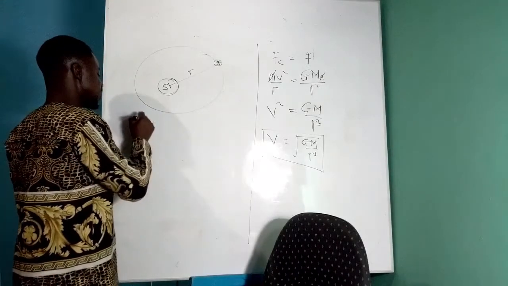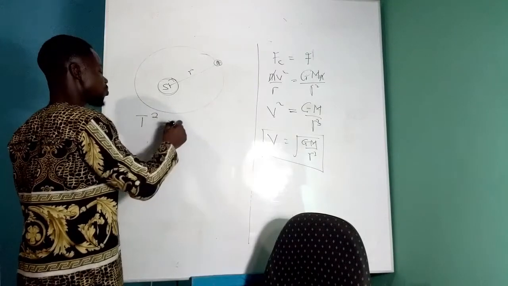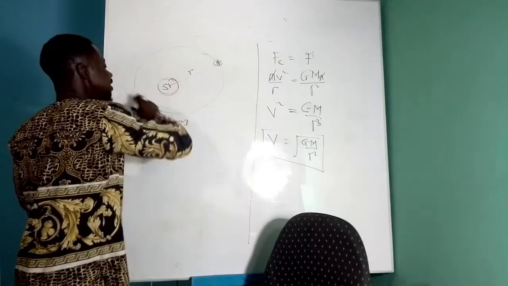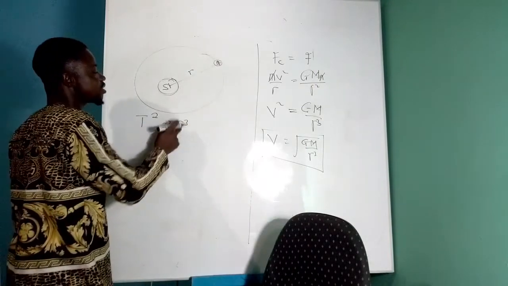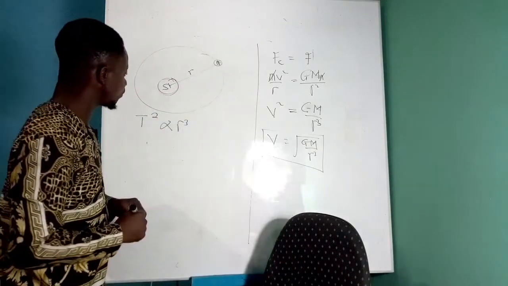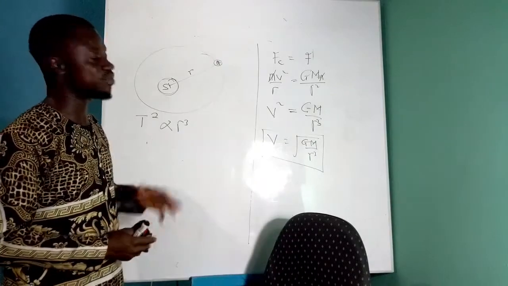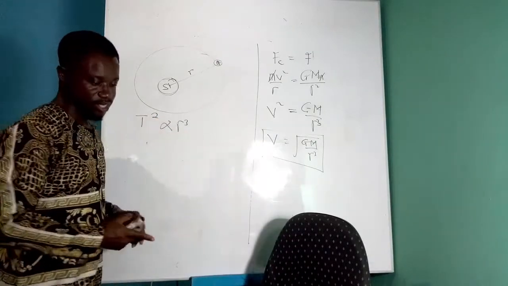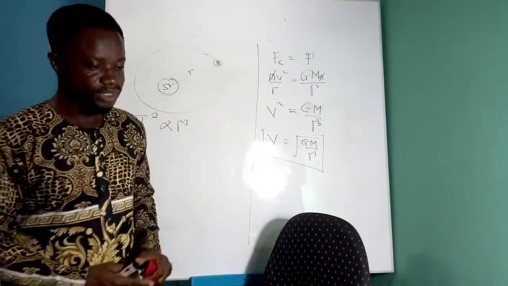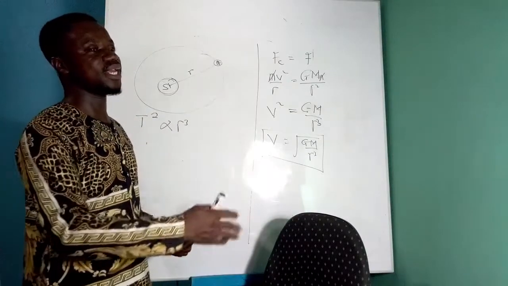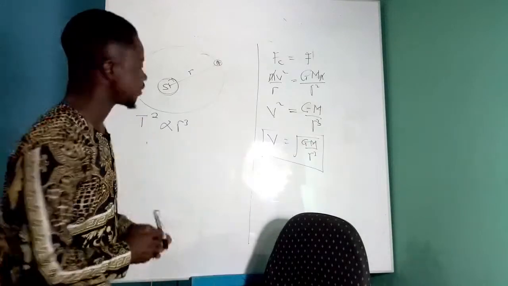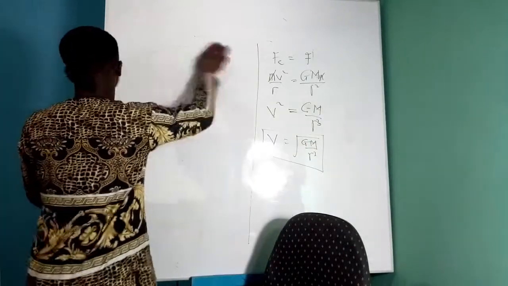What the law states is that T squared is proportional to r cubed, where T is the period of revolution of the planet around the sun. r is the distance from the center of the sun to the center of the planet. Good. You may be asked to prove this particular relation. So I'm going to prove this relation, and after I have proven it, we use the same relation to also determine the period of a satellite.